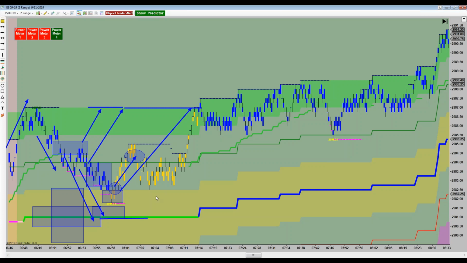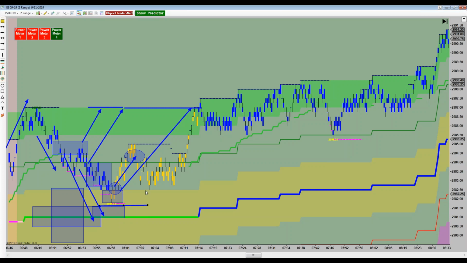Now your initial stop, if you put a market or limit buy order in here and you do it manually, you're going to have to place your stops yourself. In other words, say you put that 2 lot on, you're going to have to go in and put your stops down here, under the swing, and then manually put the targets in, and you could be struggling in a fast-moving market.